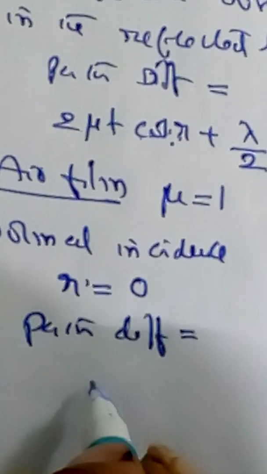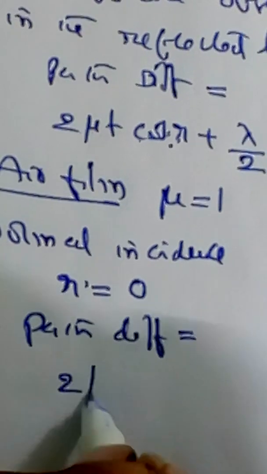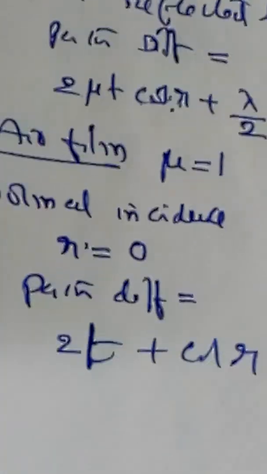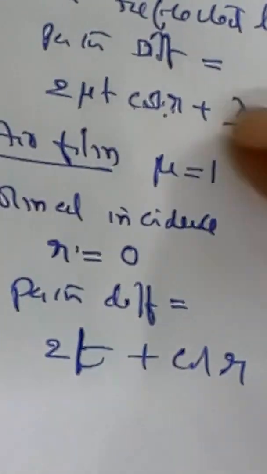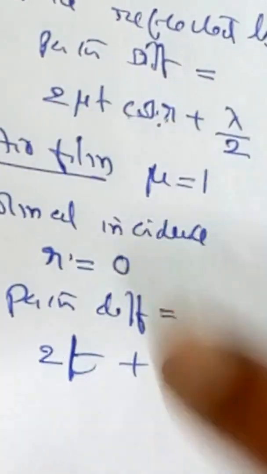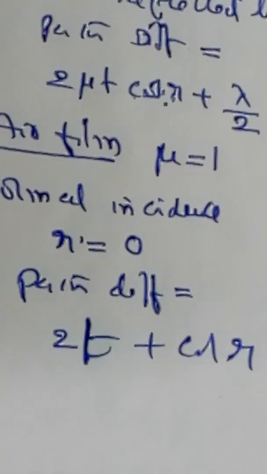So the path difference will become 2 mu t cos r, that is 2t plus lambda by 2, since mu is equal to 1, r equal to 0, cos 0 is 1.